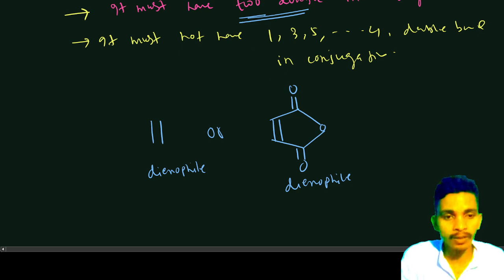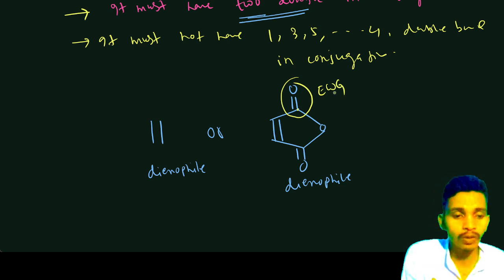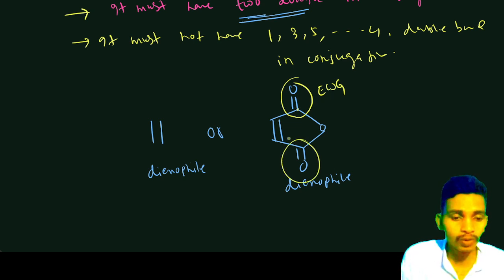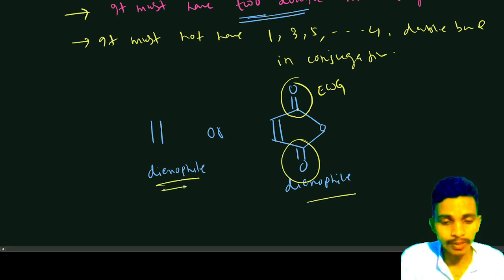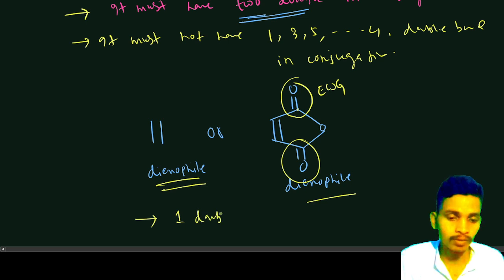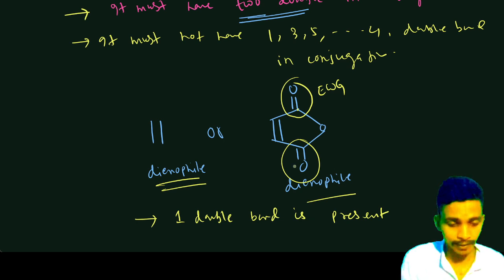Here the conjugation is also present, but these are electron withdrawing groups, that is, substituents. What I have said is that for dienophiles, electron withdrawing groups increase the reactivity for the Diels-Alder reaction. So dienophiles may be given in this form, but always one double bond is present.